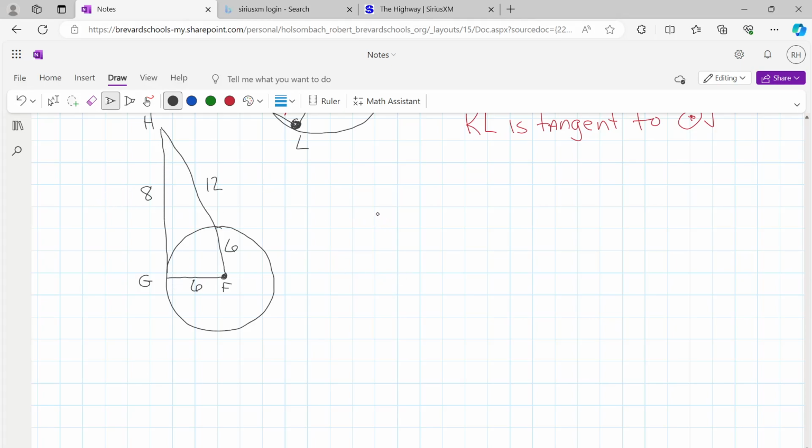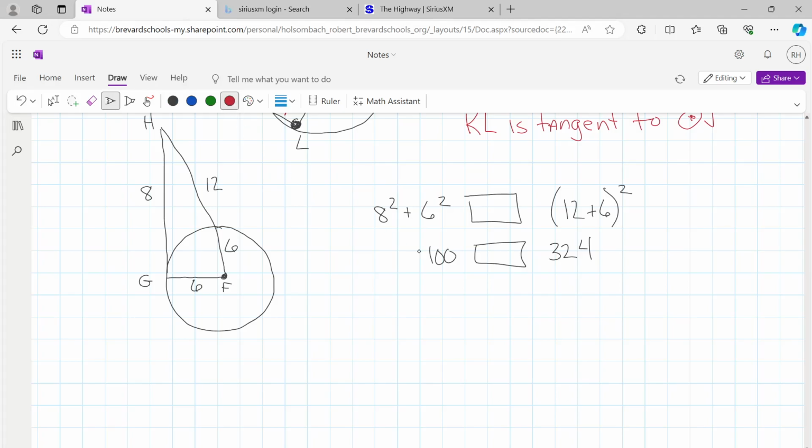So we're going to take 8 squared plus 6 squared, and we're going to compare it to 12 plus 6 squared. So on the left-hand side, we got 8 squared plus 6 squared, which is 100. And we're comparing that to 12 plus 6 squared, which is 324.